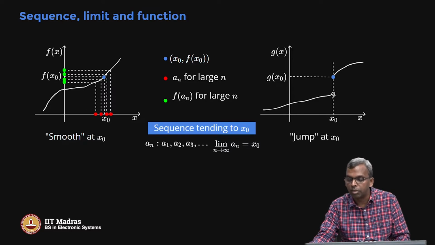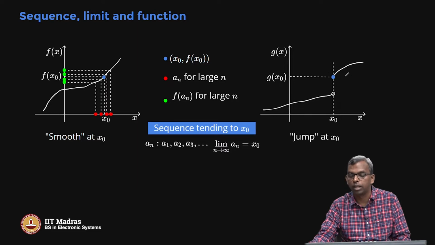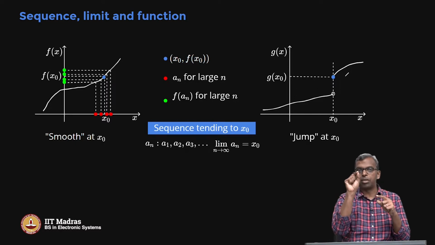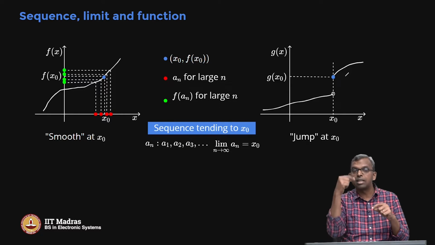In this curve, this value is not the actual value at x naught. That's why I have put an open circle here, to show this is not a value. And this solid circle indicates that this point is actually the value of g. So be very careful: when you show a jump in a function, you always have to indicate at that point which is the value of the function.